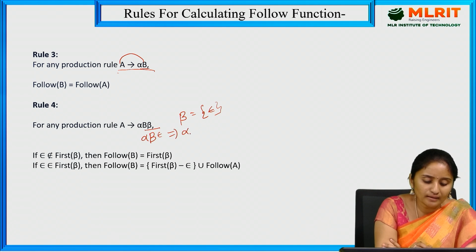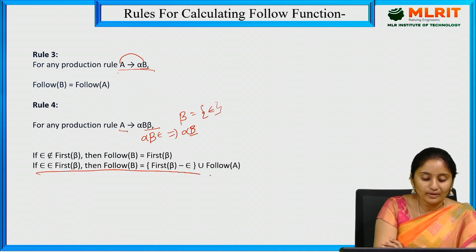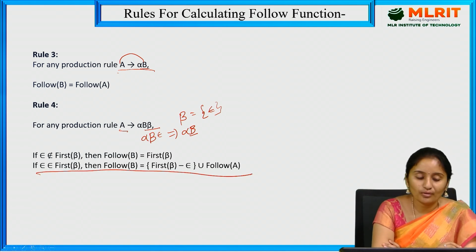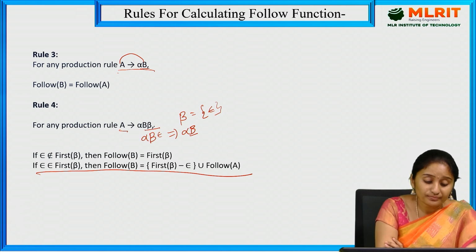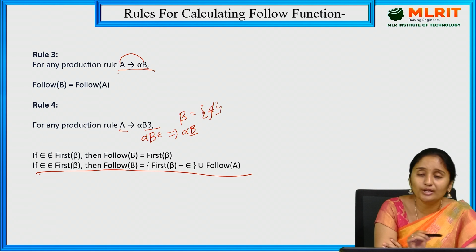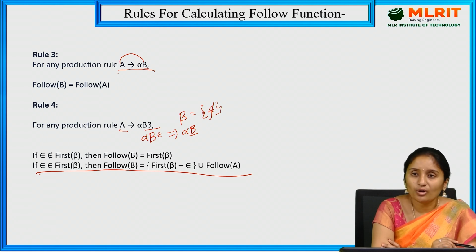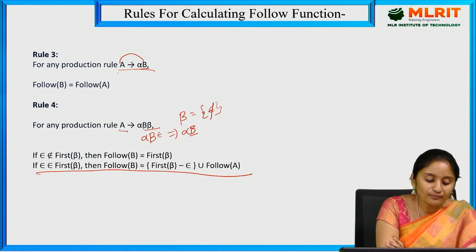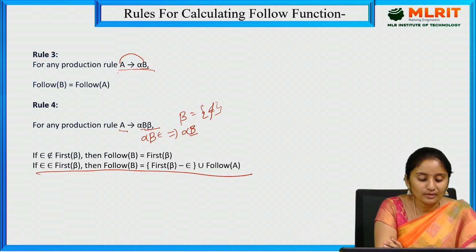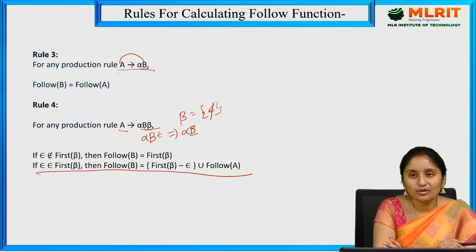Then what can I write? Alpha B, so follow of B is follow of A. If beta is not pointing to epsilon, then follow of B is nothing but first of beta.